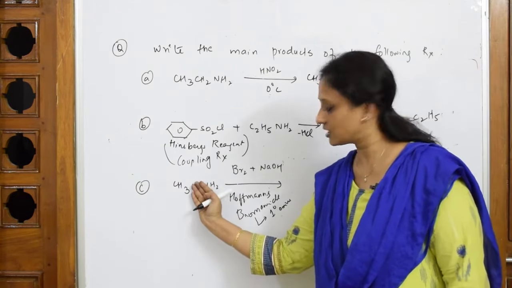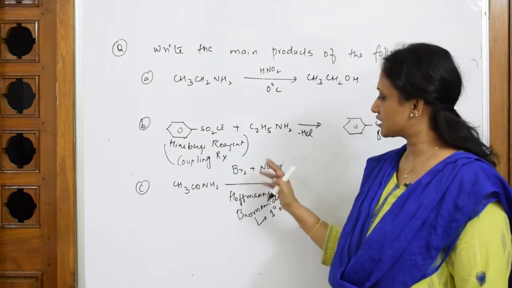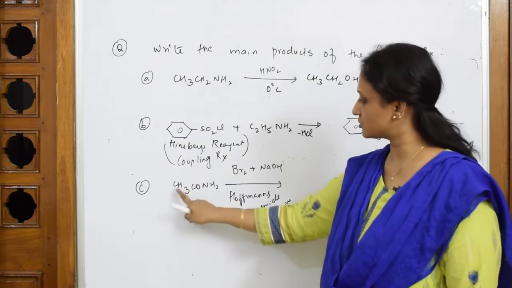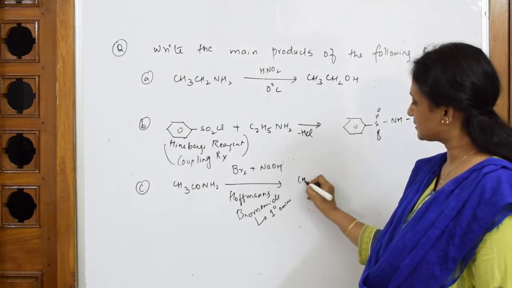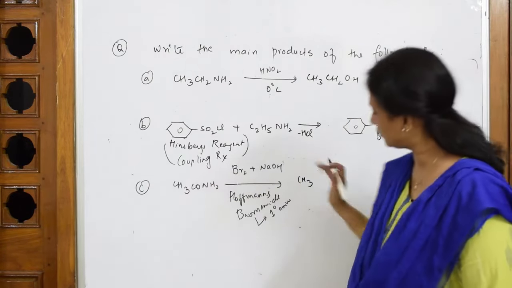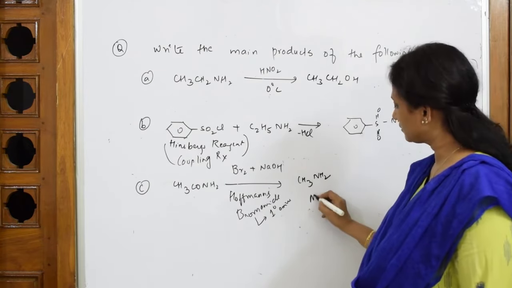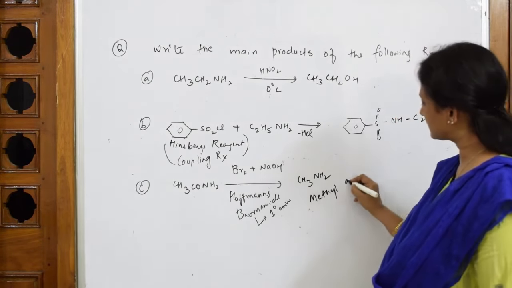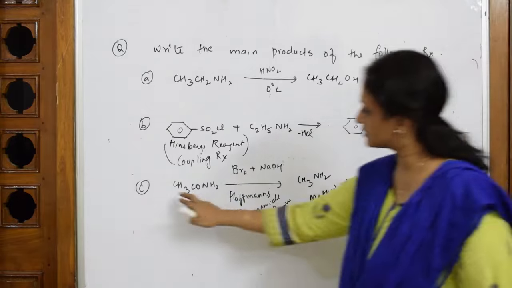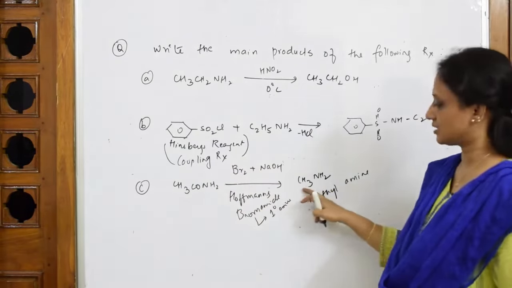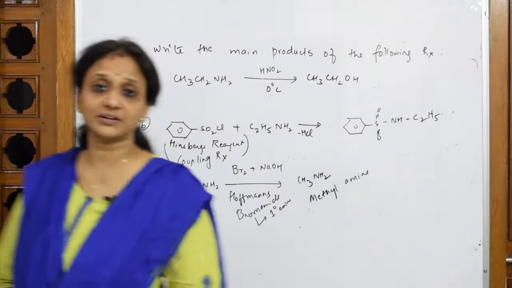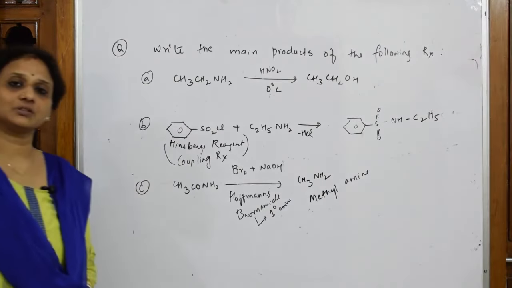You should not write this carbon, right? Because that comes out as sodium carbonate here. So take this whole amine, write CH3, forget about the CO and NH2. Methylamine. Now see, there's one carbon less compared to this. This was 2 carbon. This is 1 carbon. So that is your Hoffman's bromamide reaction. So this is how you're going to solve the questions.